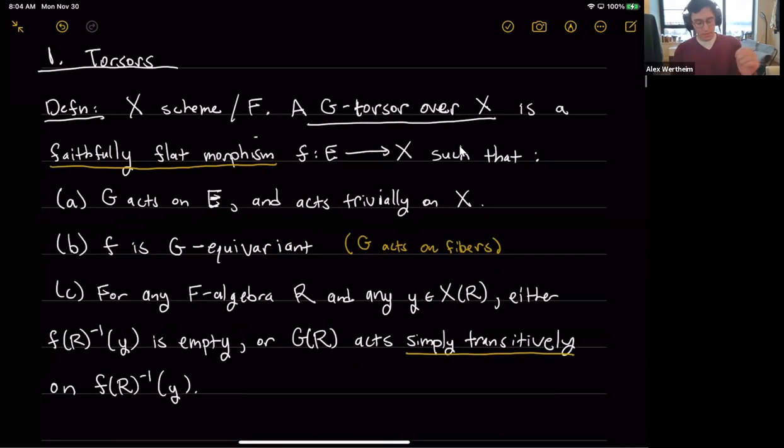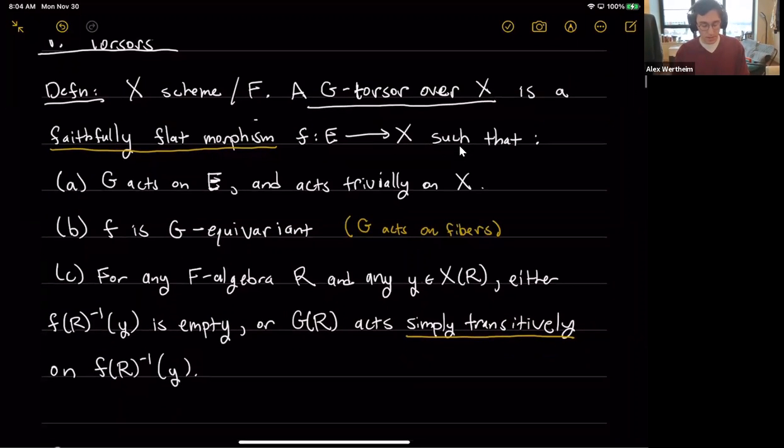So, something about torsors. First, a definition. Let X be a scheme over my field F. A G-torsor over X is the data of a faithfully flat morphism f from E to X, such that the following three conditions hold. First, I have an action of my group G on E, as well as a trivial action on X. Secondly, I require that my map f be G-equivariant, one consequence of which is that G acts on the fibers of my morphism.